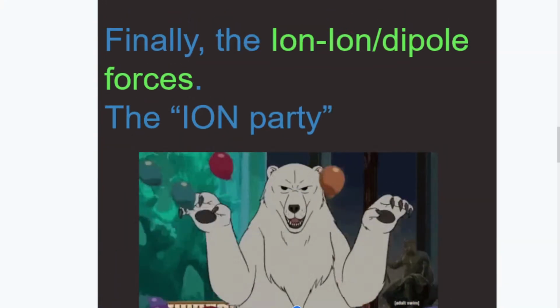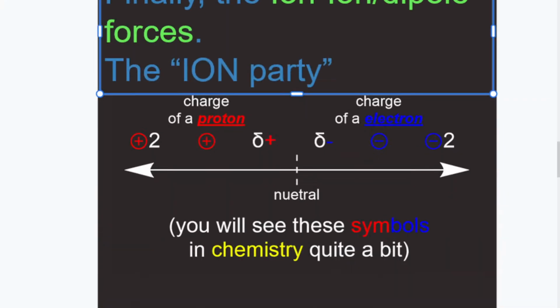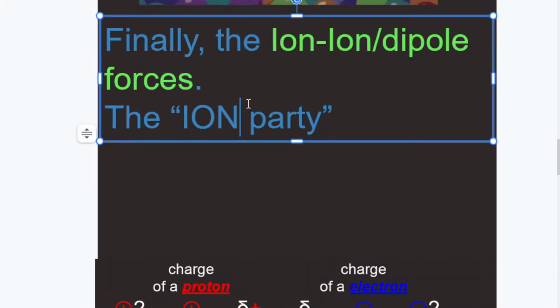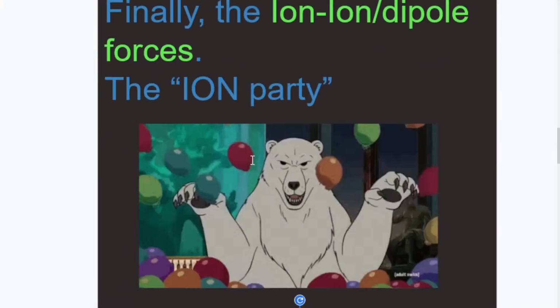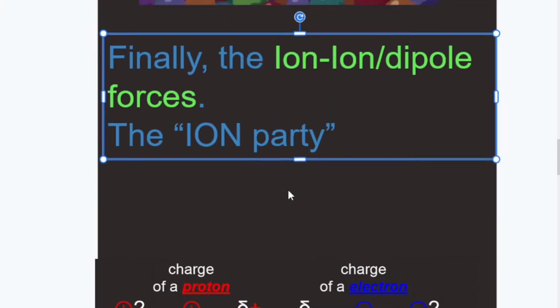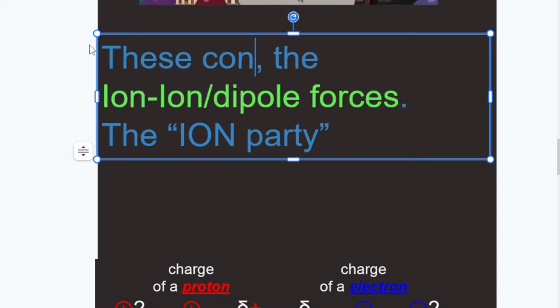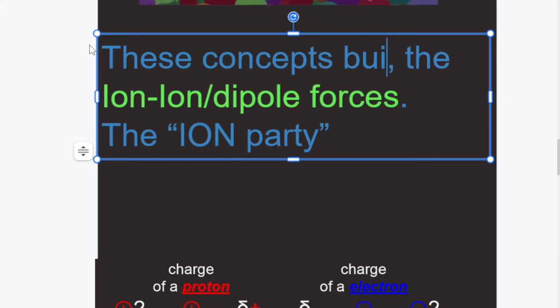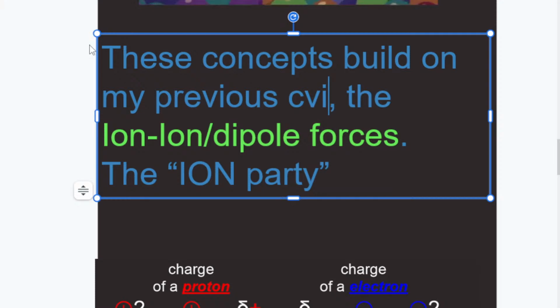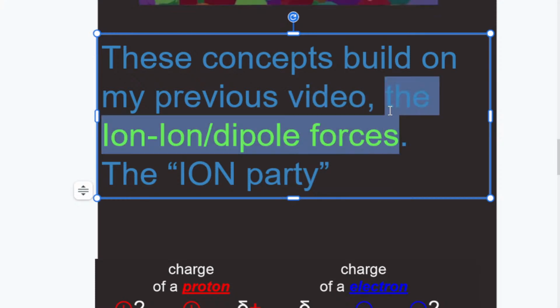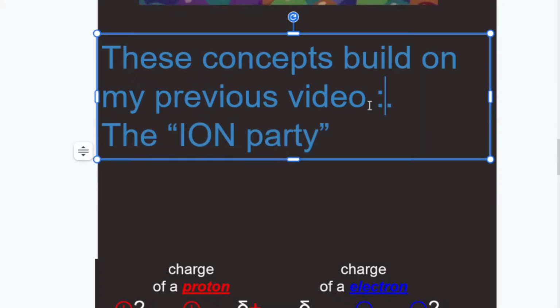So we do this. We come down and we go here. What did I call it? Charges and consequences? Charge and consequences.